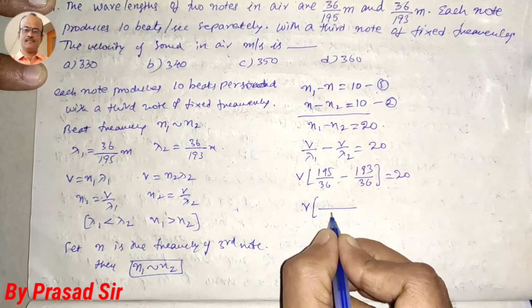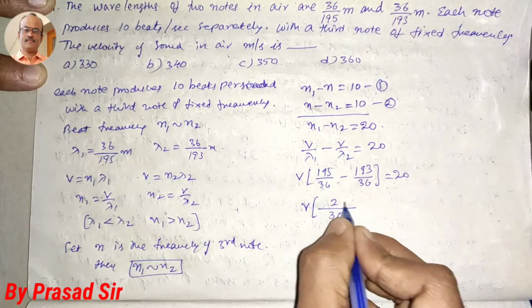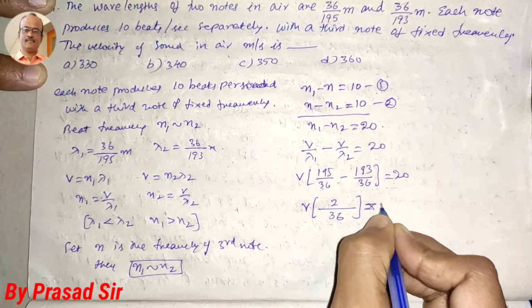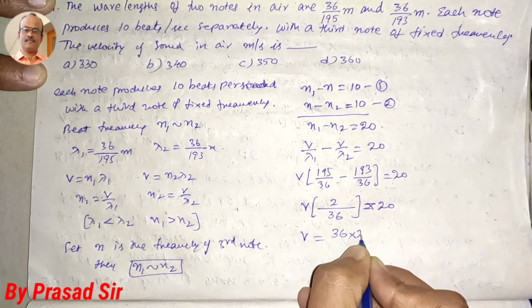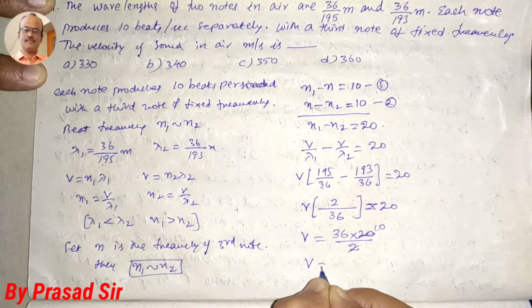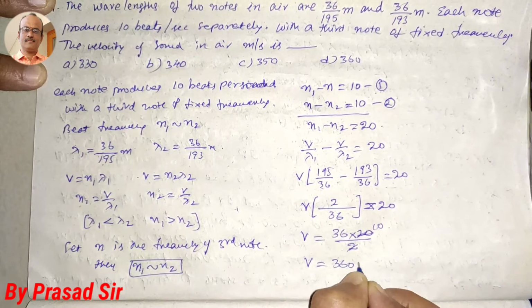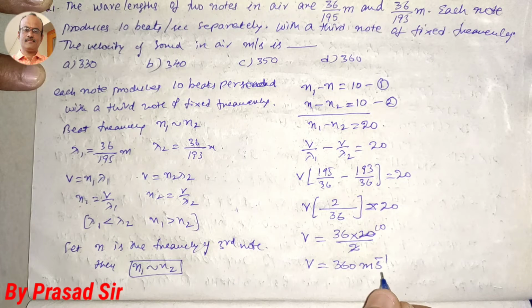So v times (195 minus 193) by 36, that is 2, is equal to 20. v is equal to 36 into 20 divided by 2. So speed is equal to 360 meters per second, or m s to the power of minus 1. So which option is correct here? 360. Option D is correct.